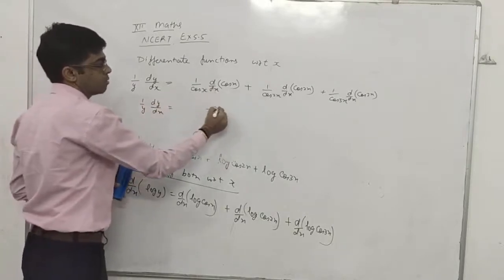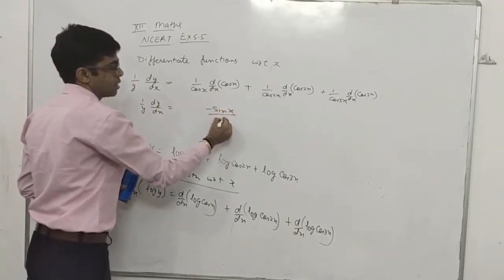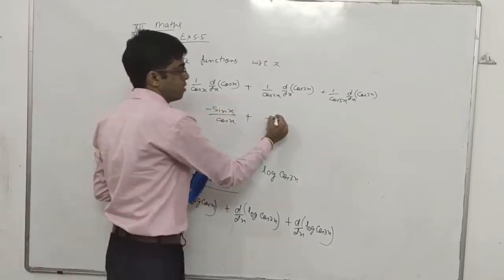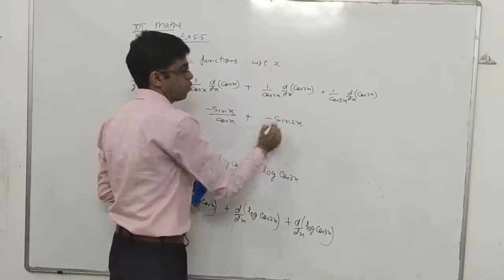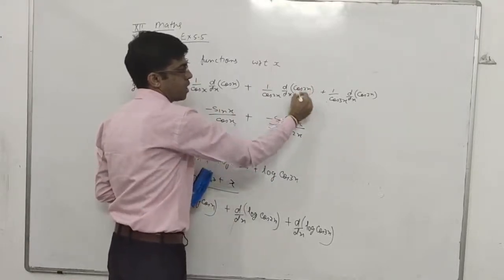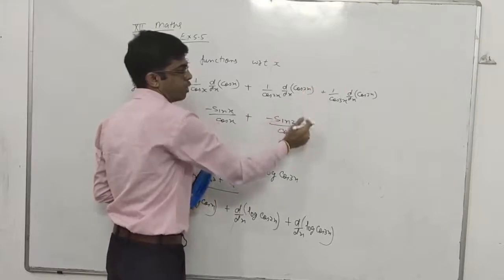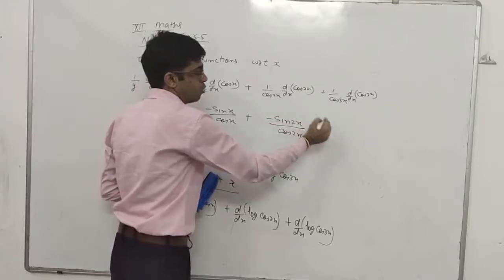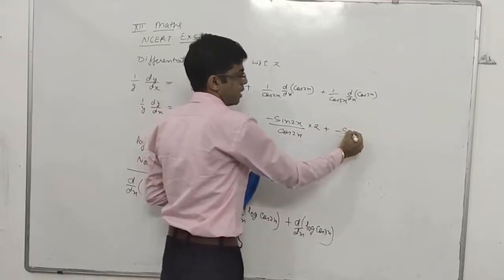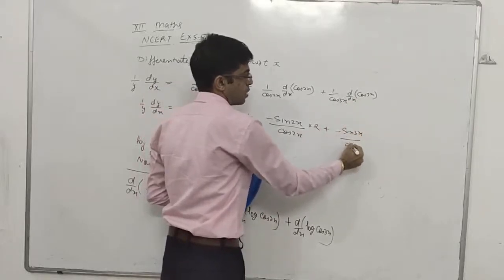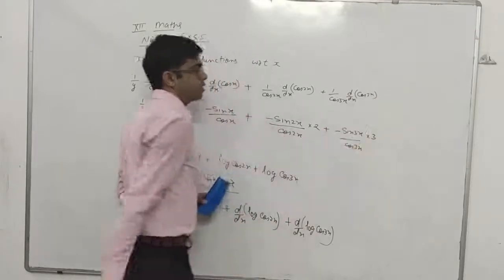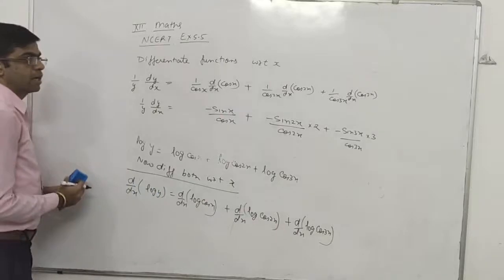Differentiation of cos x is minus sin x. Differentiation of cos 2x is minus sin 2x upon cos 2x. Now for this 2x part, further use the chain rule and we will get 2. Differentiation of cos 3x is minus sin 3x upon cos 3x, and with the chain rule, 3x differentiated with respect to x gives 3.